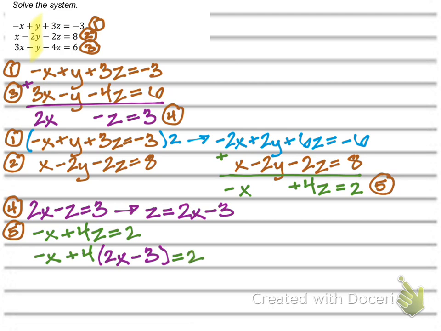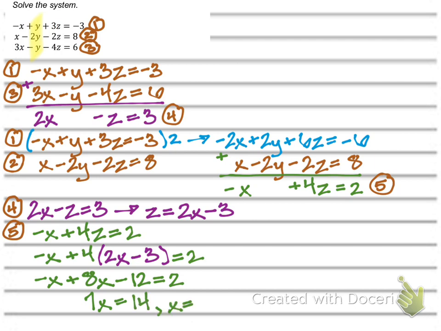So I've got to distribute. Now I just have a regular old equation, right? So I have negative x plus 8x minus 12 is 2. So let's see, combining my like terms, I'm going to have 7x, adding 12 to both sides is 14.